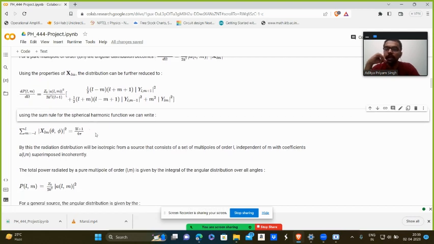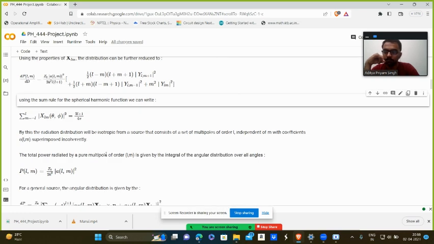Also using the sum rule for the spherical harmonic function, X will also follow it, and so its summation over M from minus L to L will give us (2L plus 1) over 4 pi. So this tells us that the radiation distribution will be isotropic from a source that consists of a set of multipoles of order L, and it will be independent of M.